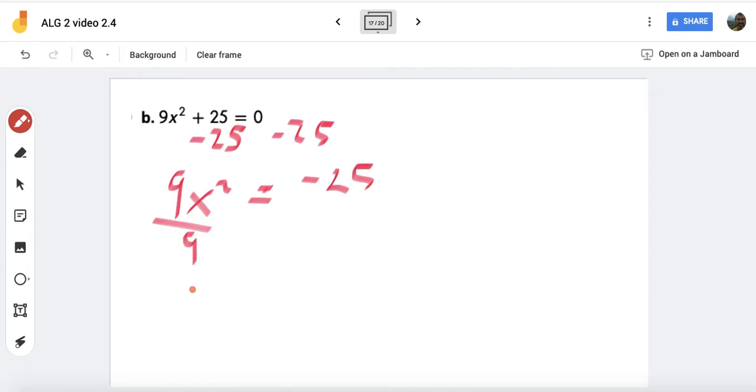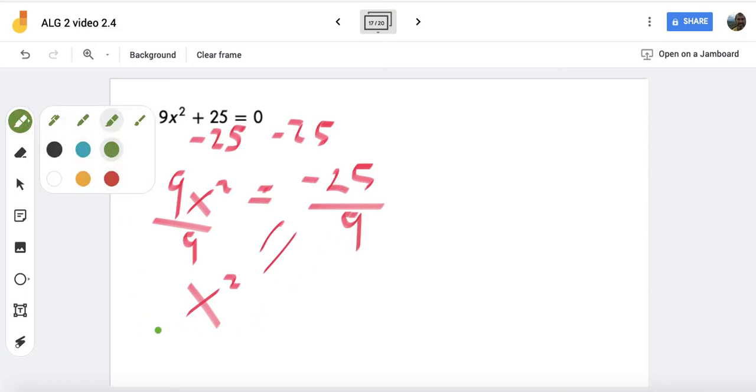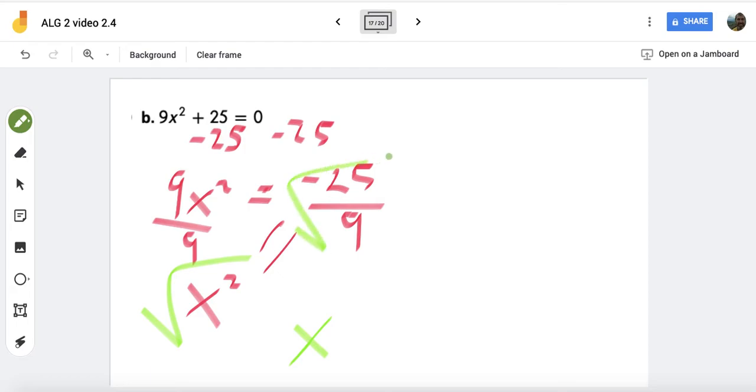I'm trying to isolate the x squared. When I divide by 9, I get this mess. Okay, x squared equals negative 25 over 9. But then I take the square root of both sides, and that becomes x. And then I have the square root of this mess.